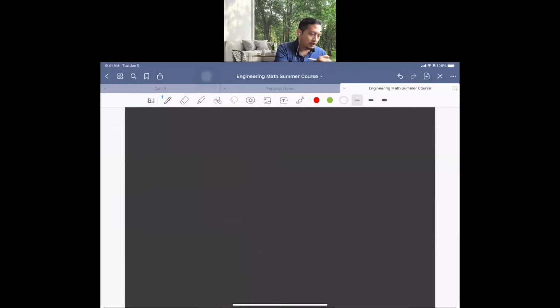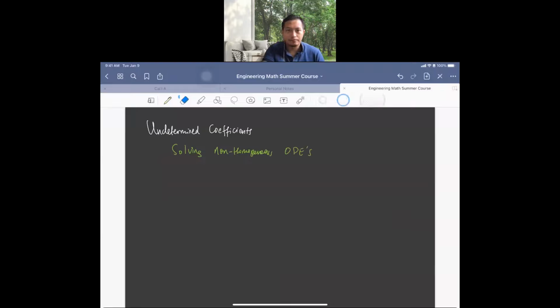So we call this undetermined coefficient, solving non-homogeneous differential equation.